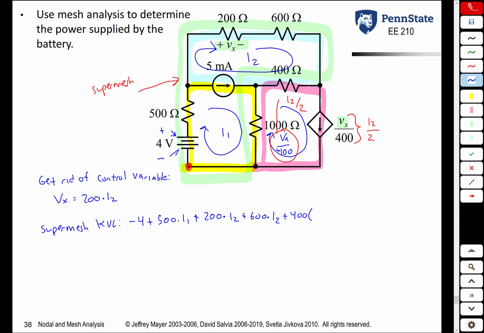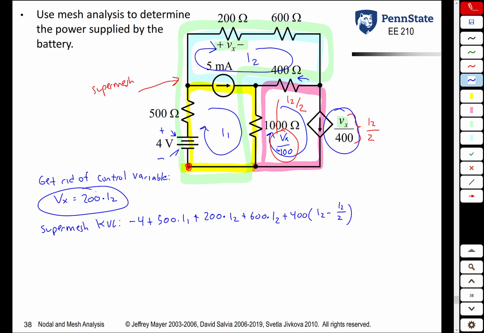So the current going in this direction is what? I2 minus the pink mesh current, which was I2 over 2. So this is I2 minus I2 over 2. Once again, the I2 over 2 is the same as Vx over 400 using this substitution there.